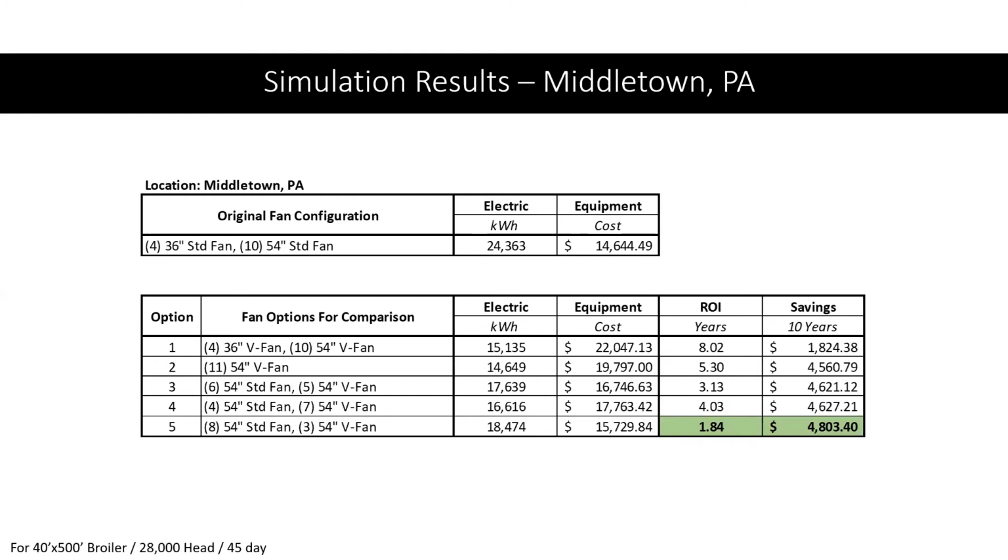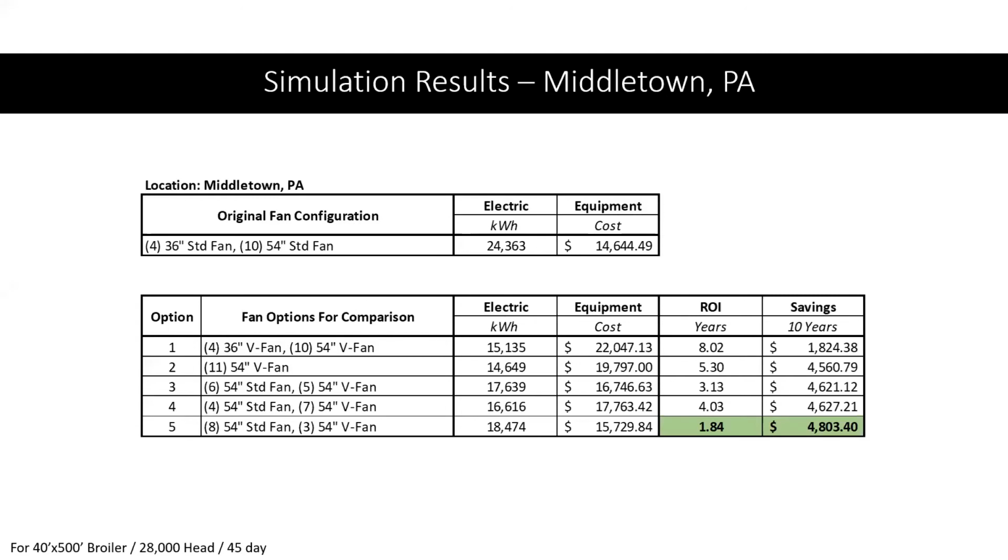The first option was just to replace all of the existing standard fans with VFans. Option 2 was to switch out the 4 36s with 2 36s and a 54, and then you can imagine a 54 in the front end of the barn in min vent, and then one in the back end of the barn, and then the other 10 fans would have replaced the standard 54s for full.